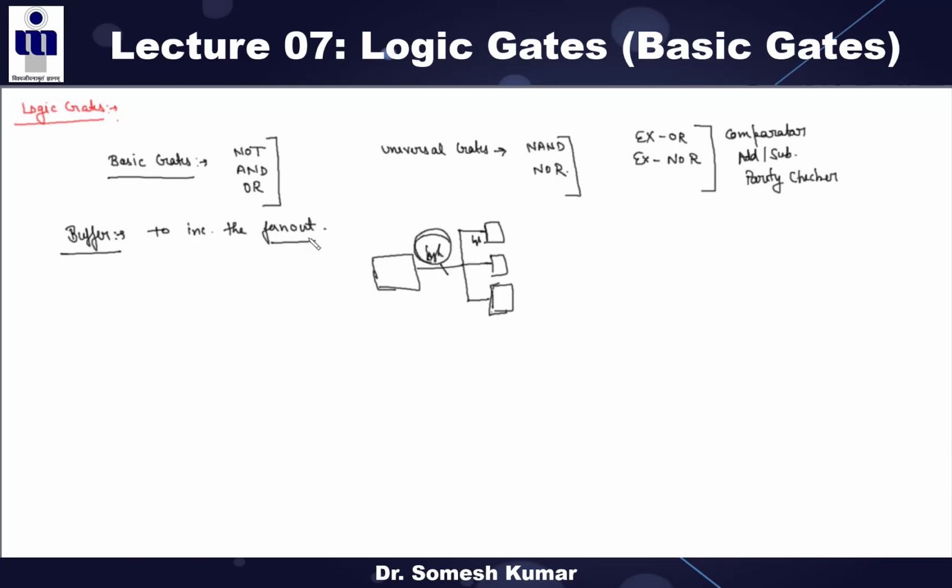So this is the meaning of fan out: the number of gates that can be connected to the output of any particular circuit or gate. So the buffer is used to increase the fan out. And in the previous lectures I told you, these two are your universal functions.